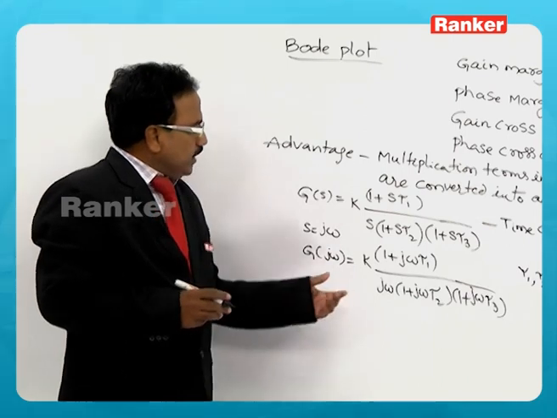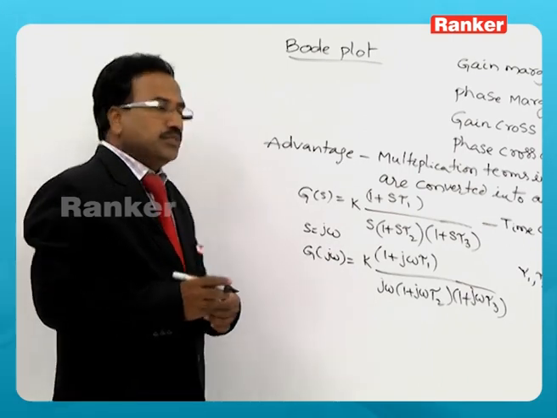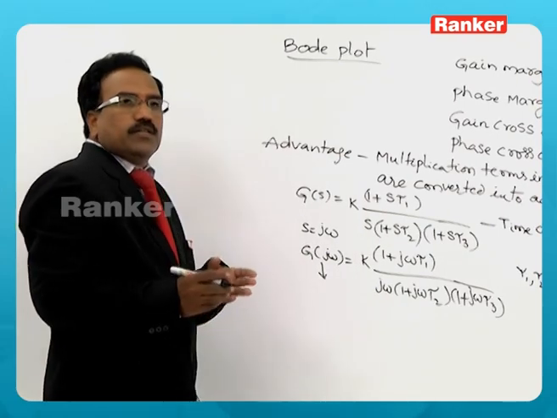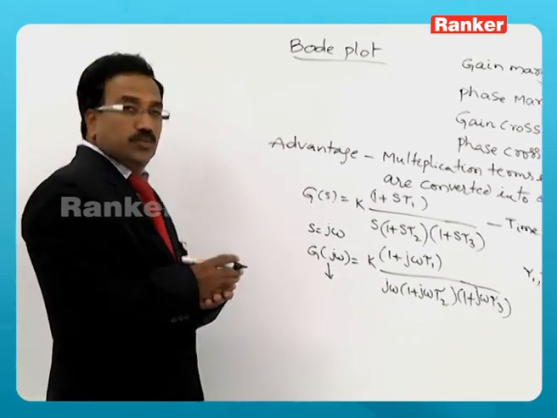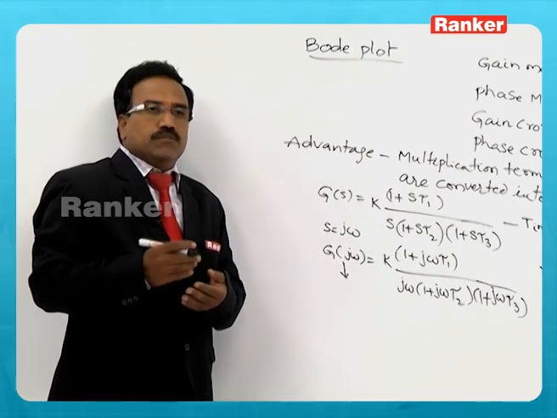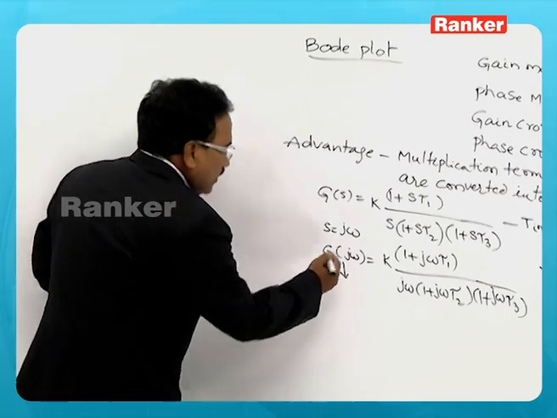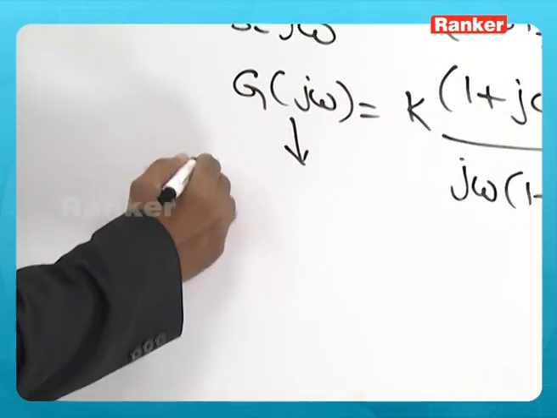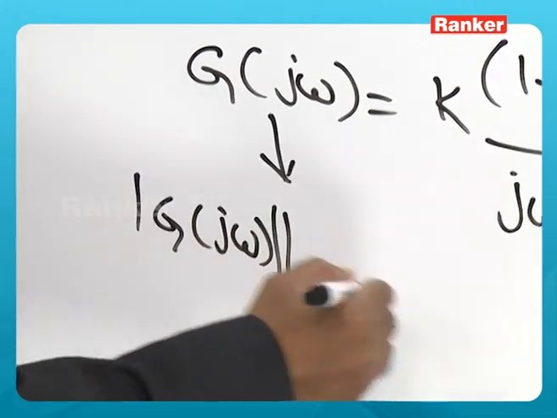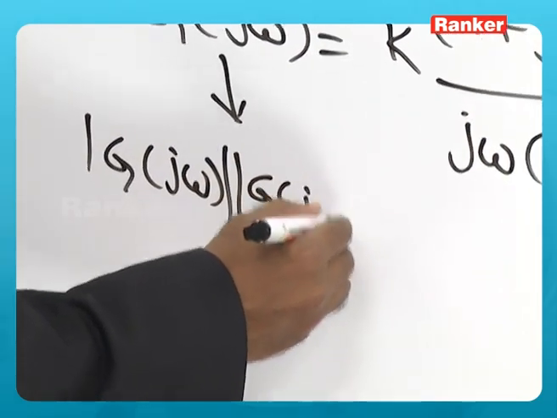Once you get the sinusoidal transfer function, it should be written in the form of magnitude and phase angle, because the Bode plot consists of two plots. So, let us write this sinusoidal transfer function in the form of magnitude and phase angle.